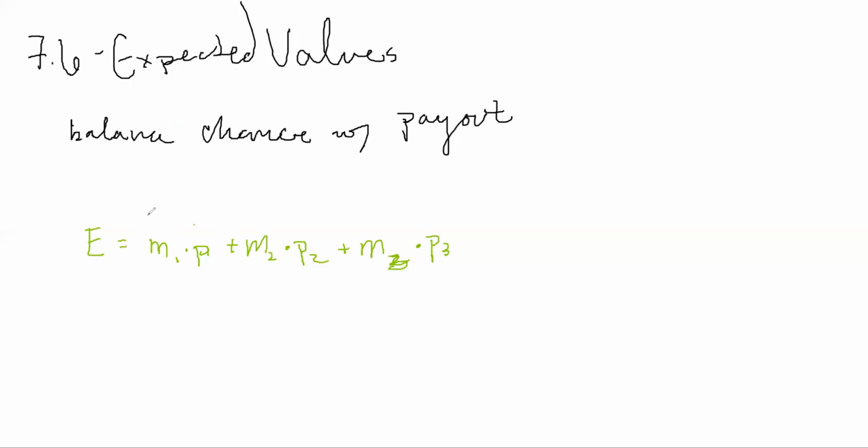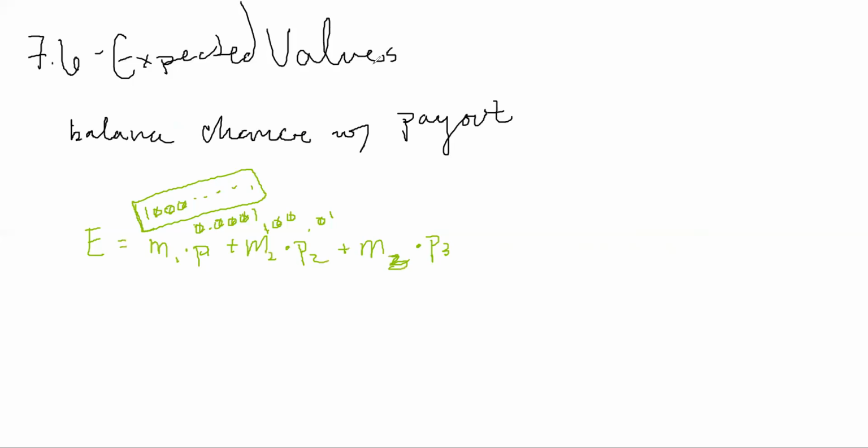And so if this is $1 million and this is like 0.0001, and then this is $100 and this is 0.01, so this $1 million is going to weigh a lot less on the expected value, but it's still going to have a pull.